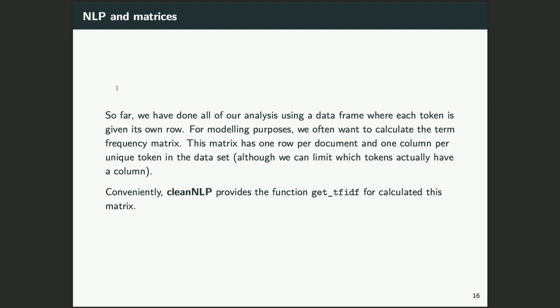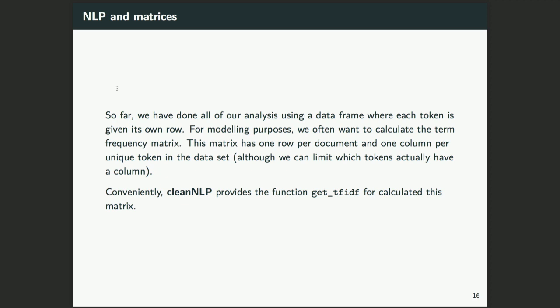And why is going from a data frame to a matrix difficult, or why do we need a special function for it? In R, we have the formula interface. We can give data frames to a function like LM or GLM, and we'll have that data frame turned into the data matrix that we need. So in a lot of instances, we don't really need to worry about that conversion.